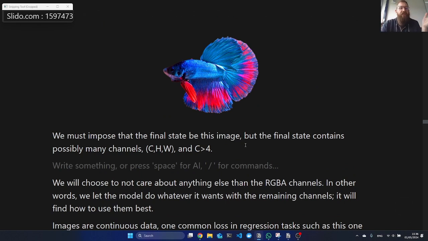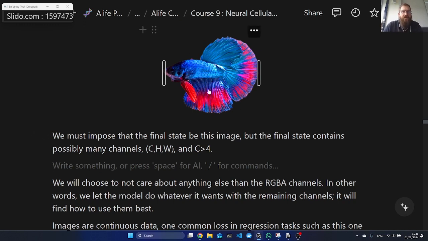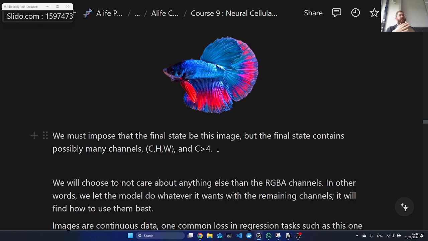So all we have left to do is to impose the loss. We want to impose that the final image is this. But of course, the state of our system is CHW with C bigger than 4. We may have 16 channels in total. And the fact that we want this final image does not give us any information about what the other channels should be.